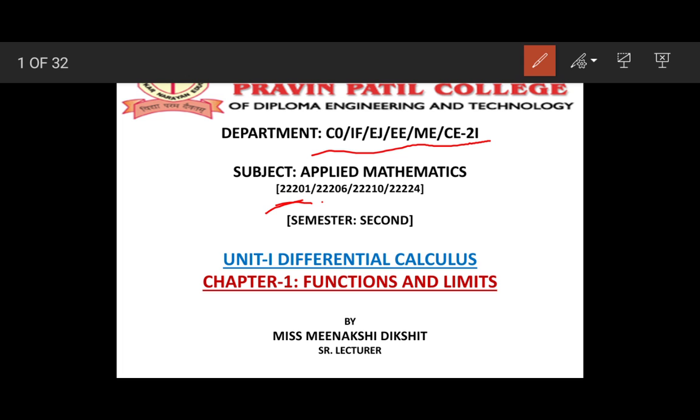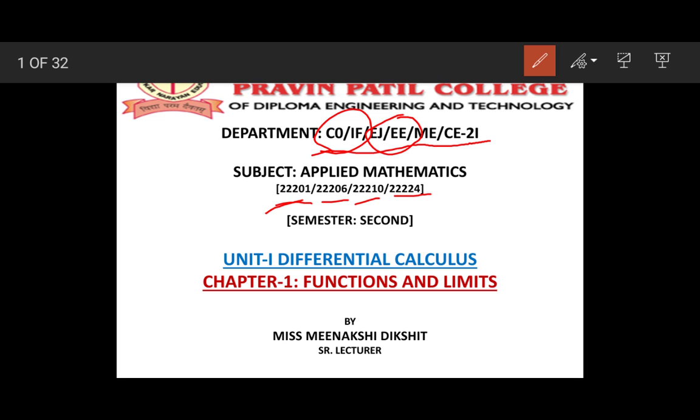Then the second code is 22206. This code is for mechanical engineering. Then next is 22210. This code is common for electrical and electronics group. And the last code is 22224. This code is common for computer and IT branch.